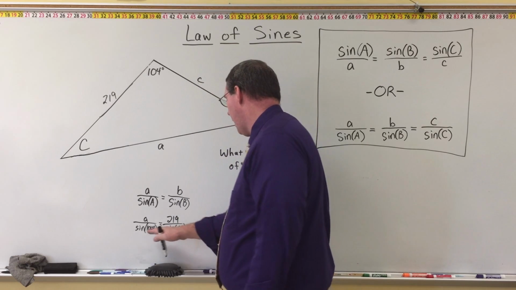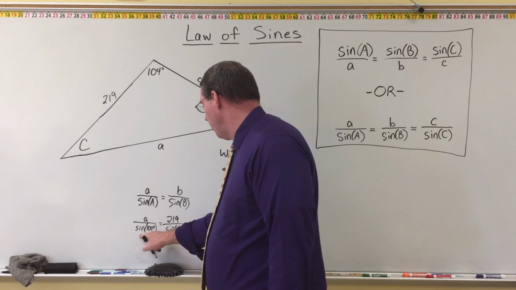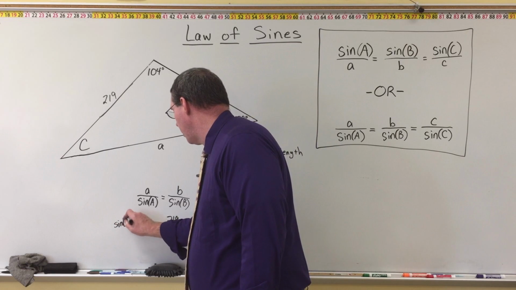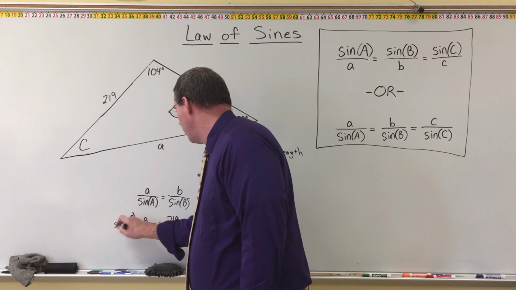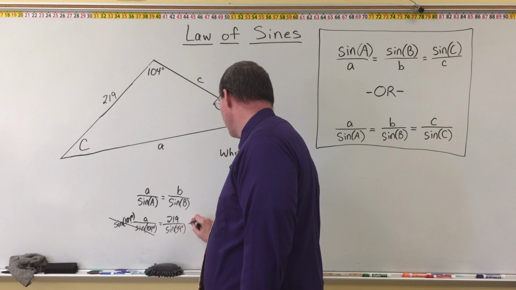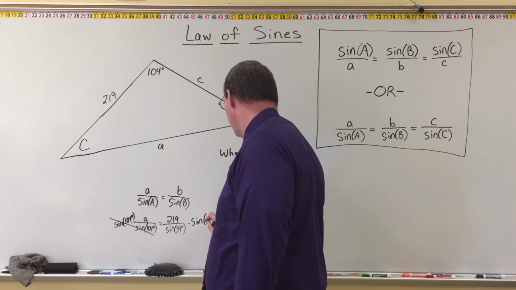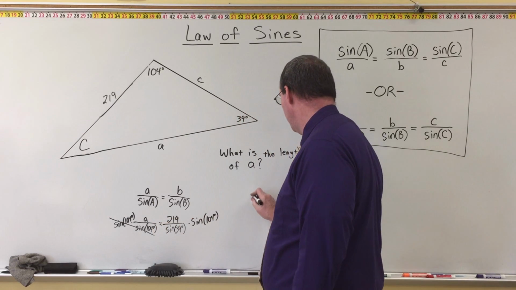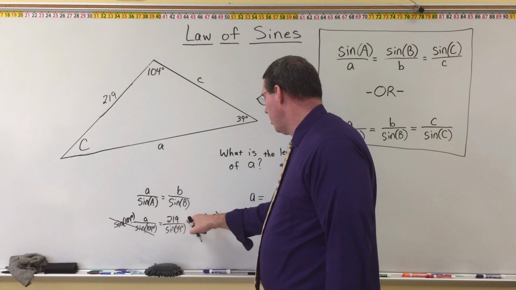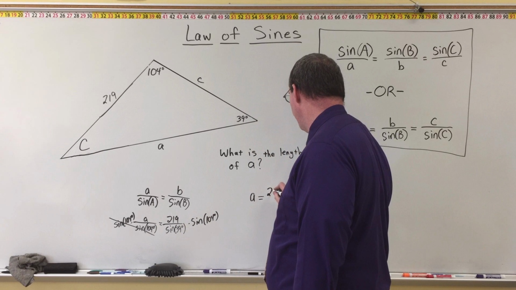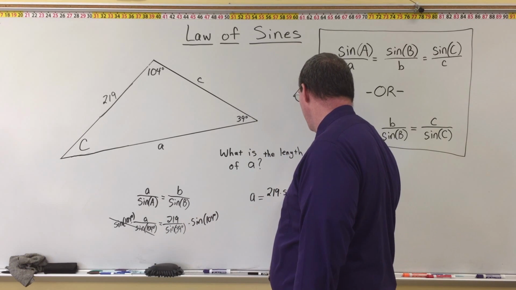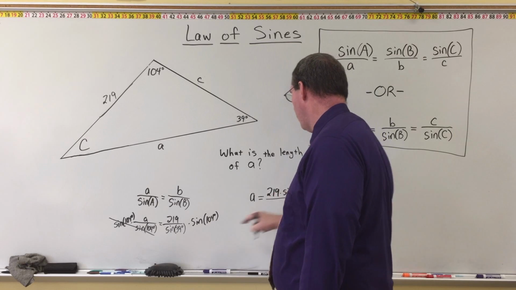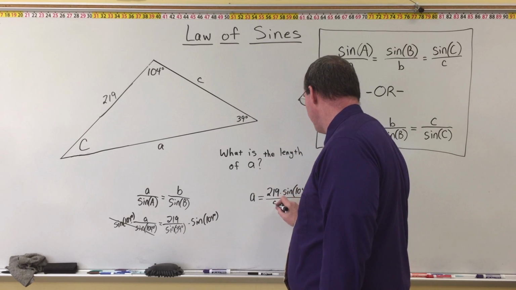Okay? And now I'm going to cancel the sine of 104. So I'm going to multiply by sine of 104 degrees on both sides, cancel, times sine of 104 degrees. And that gives me A is equal to 219 times sine of 104 degrees over sine of 39 degrees.